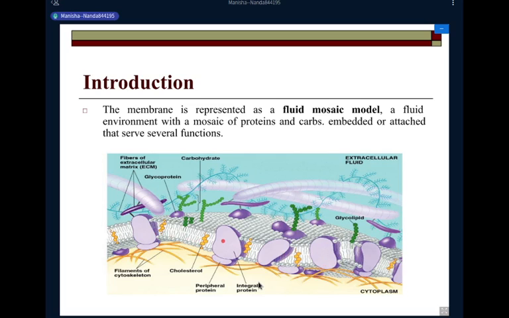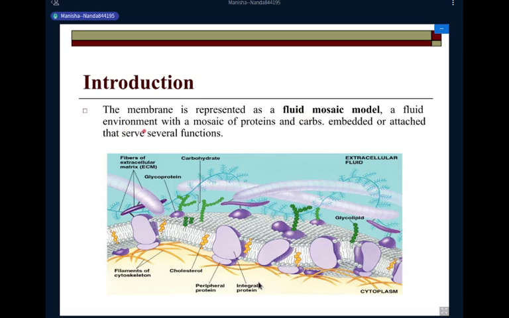And if you take a look at the carbohydrates, you can see these carbohydrates again are of different types. Their length, their branching, their chains, they are varying, and these proteins also are different in structure as well as in function. So that is why this membrane is said to be a mosaic of different components, plus it is fluid in nature, meaning it is flexible and allows movement of molecules across it.